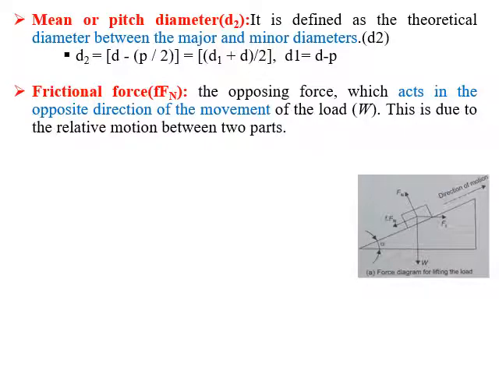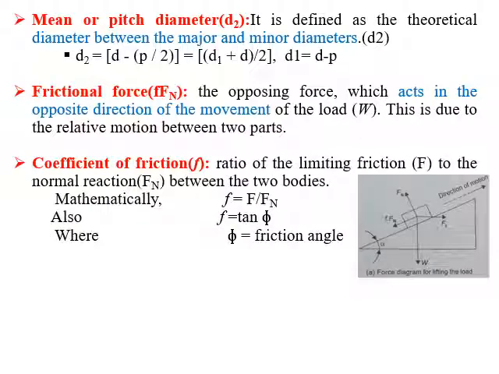What is frictional force? Frictional force is an opposing force which acts in the opposite direction of the movement of the load. This is due to the relative motion between the two parts. So F is equal to mu into Fn. What is the coefficient of friction? It is the ratio of the limiting force F to the normal reaction Fn between the two bodies. Mathematically, mu is equal to F by Fn.